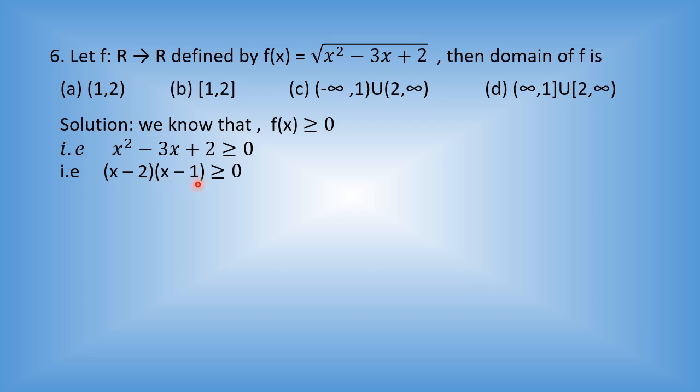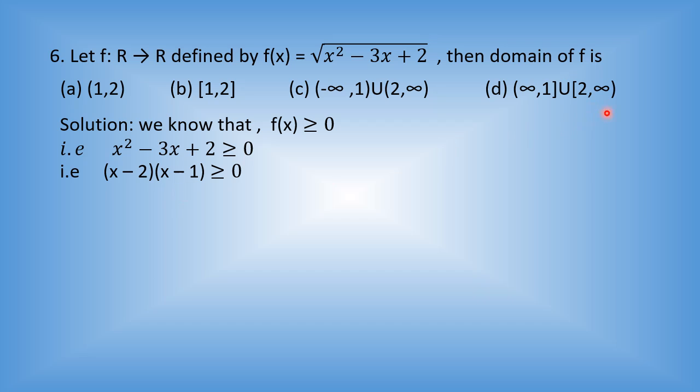Or if I take x less than 1, in that case both the factors are negative. So the product of these two is greater than 0 only when both are positive or both are negative. So this is possible only when x is greater than or equal to 2 or when x is less than or equal to 1 here.